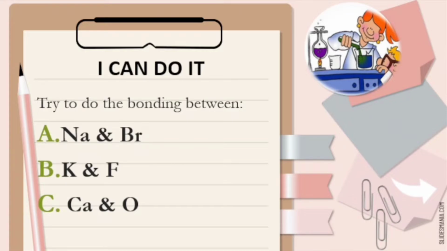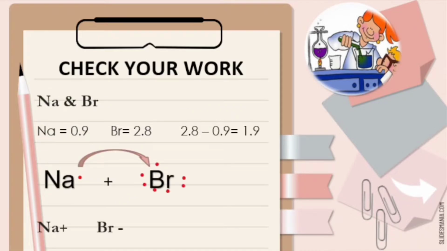Let's check your answer. For sodium and bromine, the electronegativity value of sodium is 0.9, bromine is 2.8, so subtract 2.8 and 0.9, the answer is 1.9. It is greater than 1.7, so it is ionic.